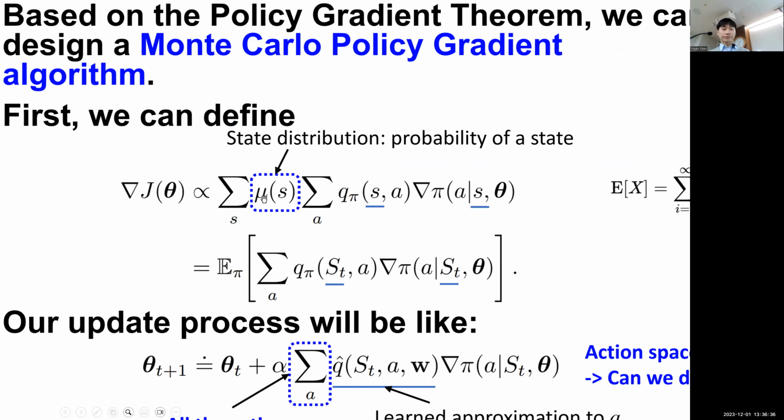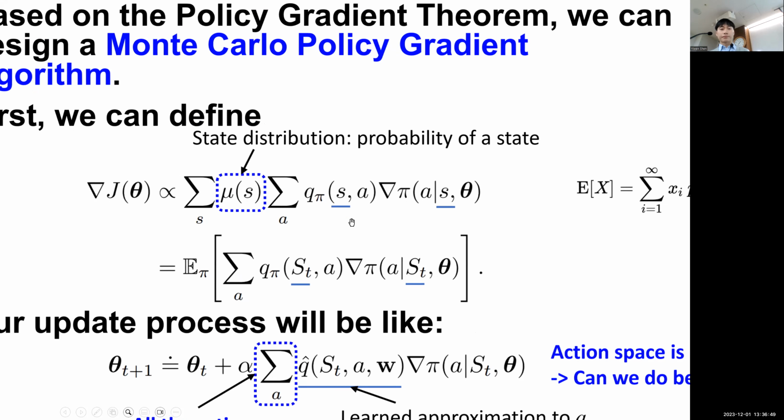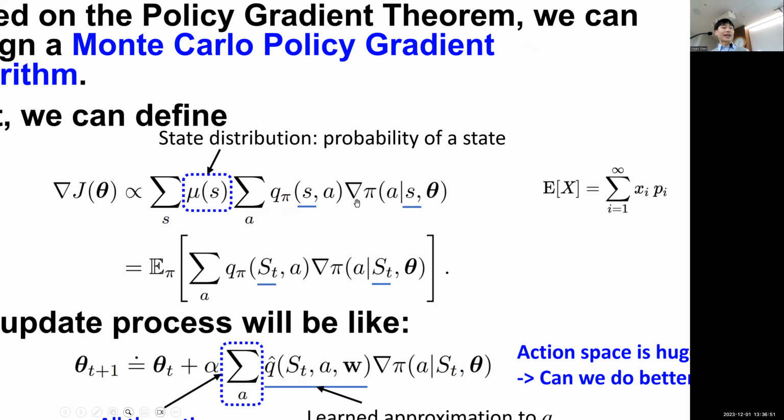Look at here. Okay, the mu S is the state distribution, the probability of the states. So just sum over all the probability of the state, then the Q pi S A, gradient pi.